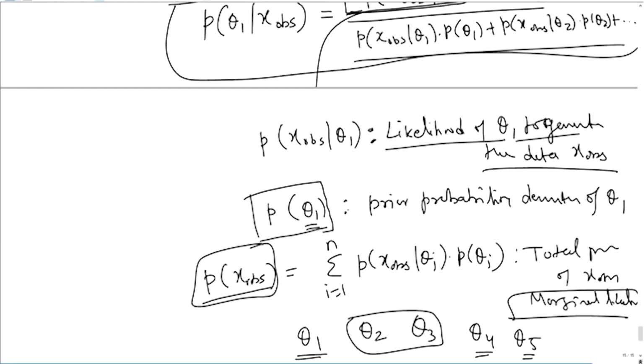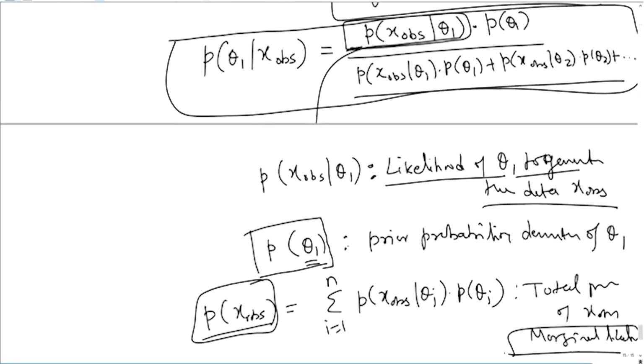We are trying to figure out what is the total likelihood that this data was generated by this model by summing across all possible parameter values, right? So it would have some likelihood to be generated by this, some likelihood to be generated by this. So we are summing that all up to get the marginal likelihood that the model has generated this data x obs.